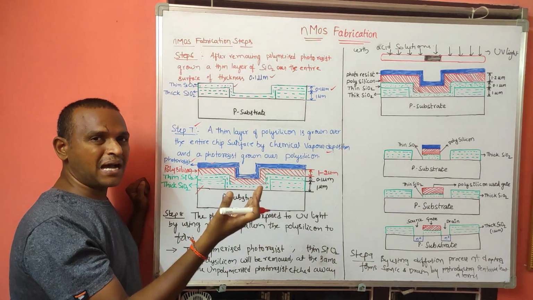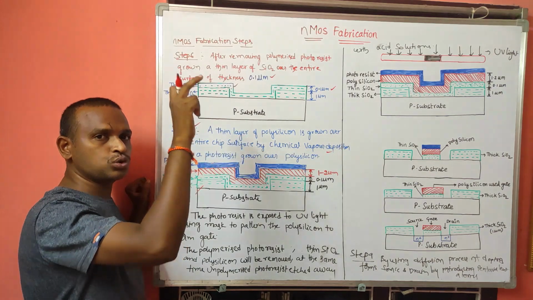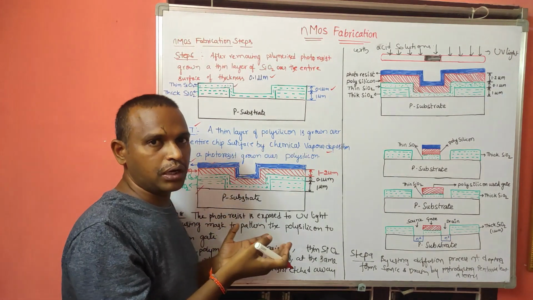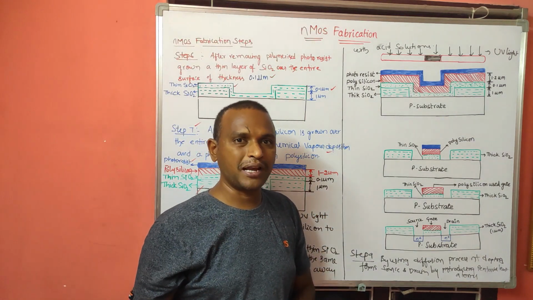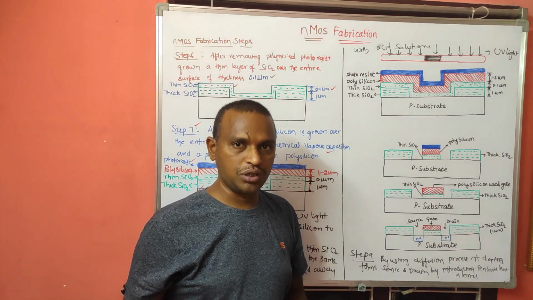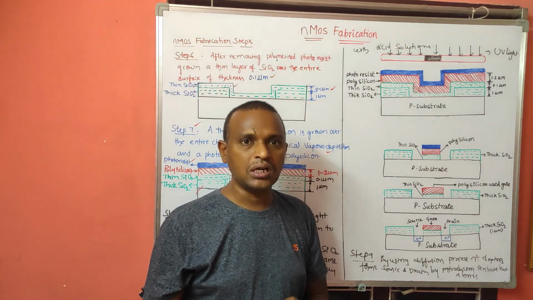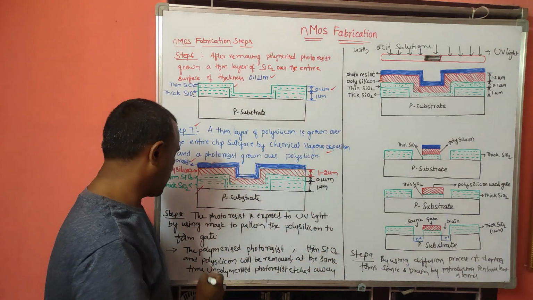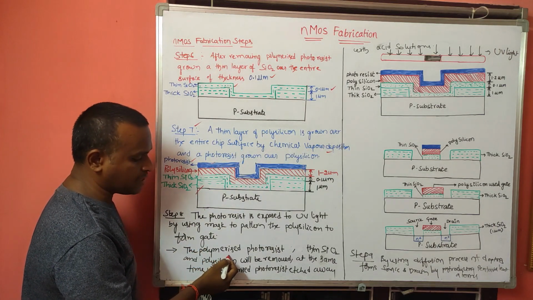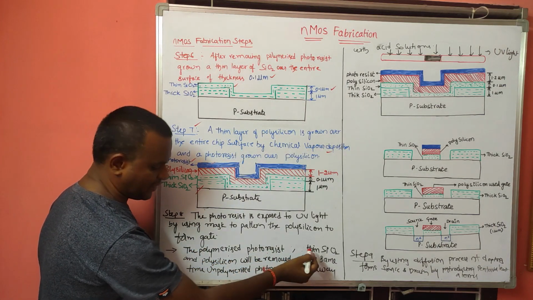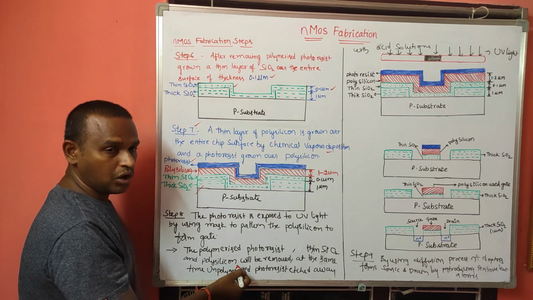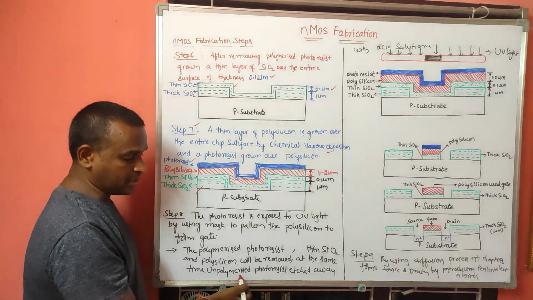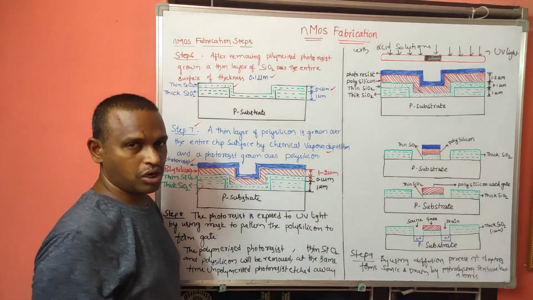After using the mask and exposing the photoresist to the UV light, next, as previously, we remove the polymerized and non-polymerized photoresist, and at the same time whatever non-required materials. Similarly here also, the polymerized photoresist, thin SiO2 and polysilicon will be removed, and the unpolymerized photoresist is etched away.